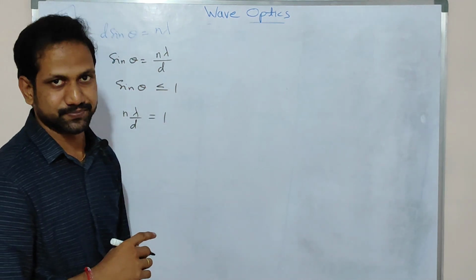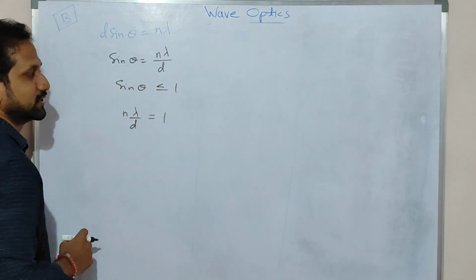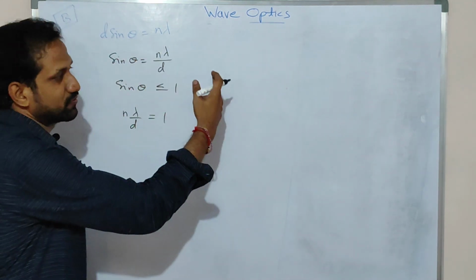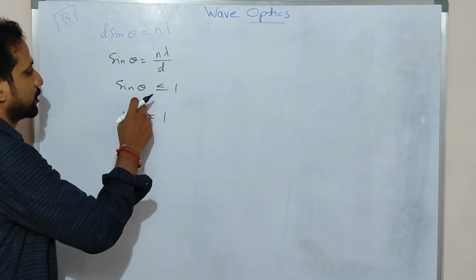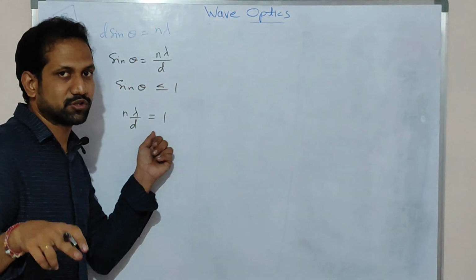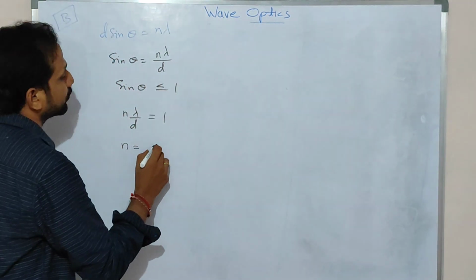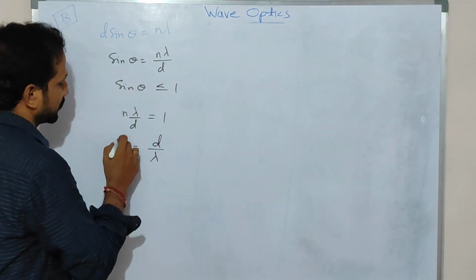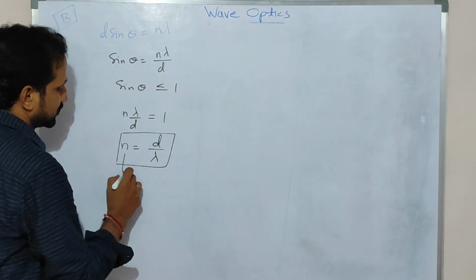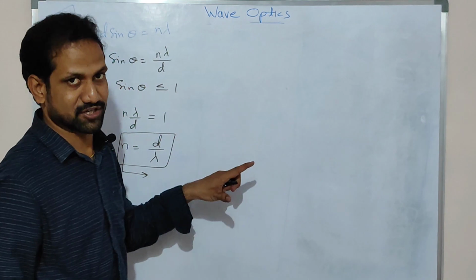I hope you got it, right? Sin theta equals n lambda by small d, but the maximum value of sin theta is 1. So the maximum value of n lambda by small d also equals 1, so we can find n equals d by lambda. What is this n here? It is the maximum, the nth bright fringe we can say.